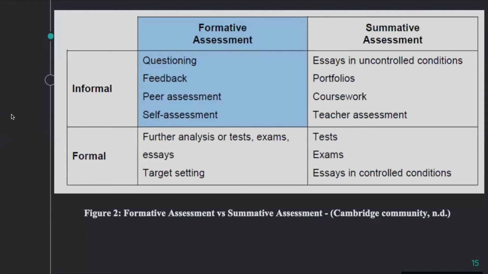These are, again, some examples of formative and summative assessment. Again, both of these concepts, or both of these processes, could be informal or formal.